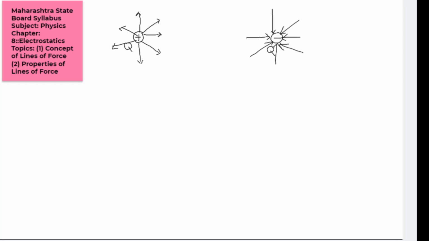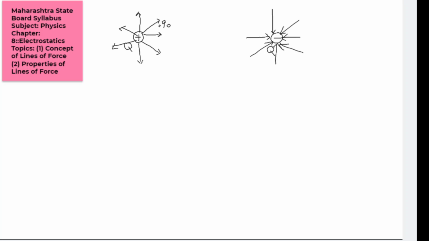What do these lines or arrows represent? They represent that the test charge, when it is kept in the field, goes away. It means that it is showing the path of the positive test charge when it is kept in the electric field of the positive charge.